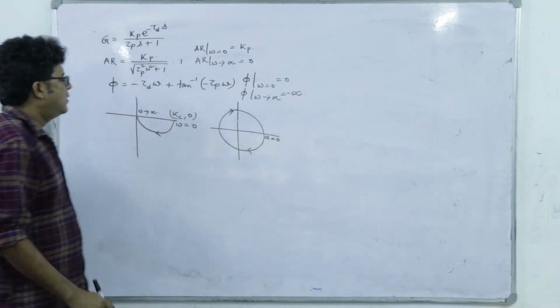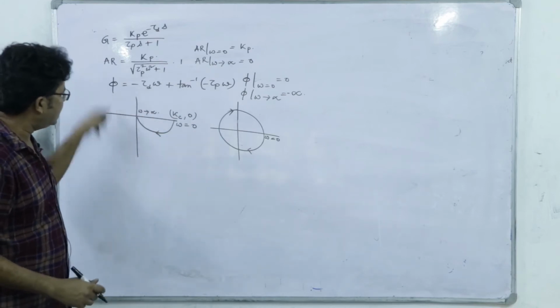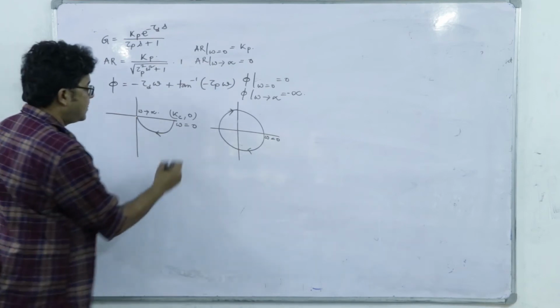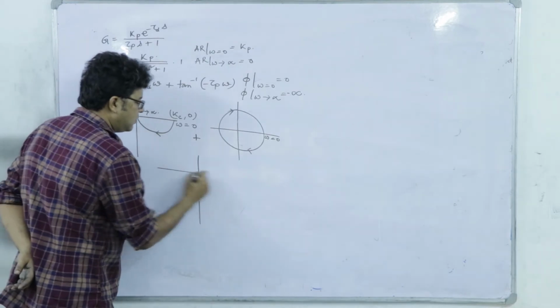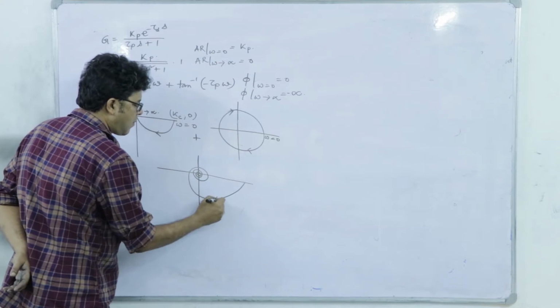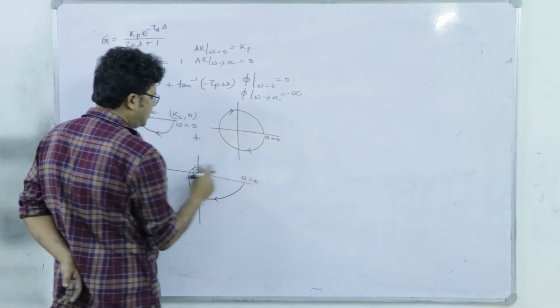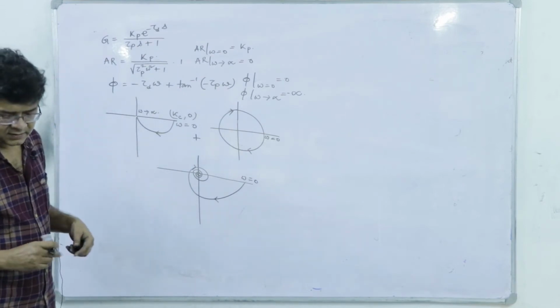What that means is that it will go on circling and finally converge to the center. So if we add these, we will get this sort of profile. This is omega equal to 0, and at the center we have omega equal to infinity.